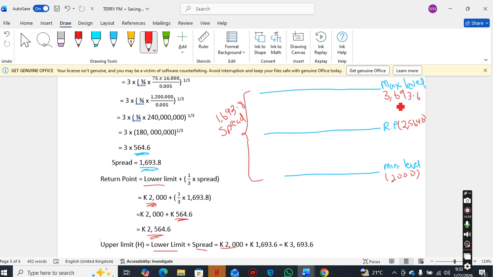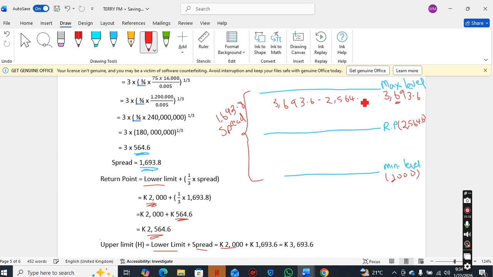So let's subtract this amount by this amount. 3693.6 minus 2,564.6.